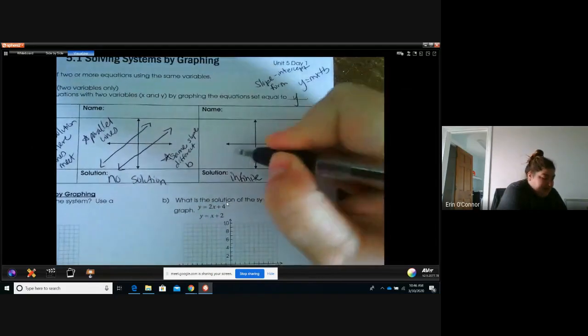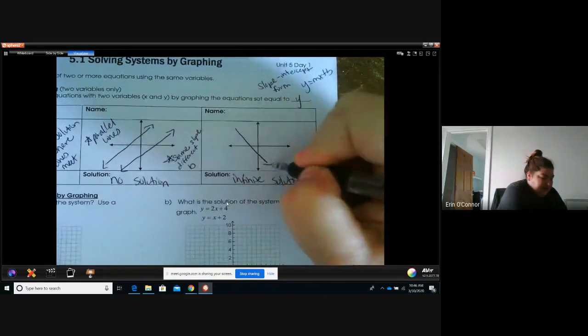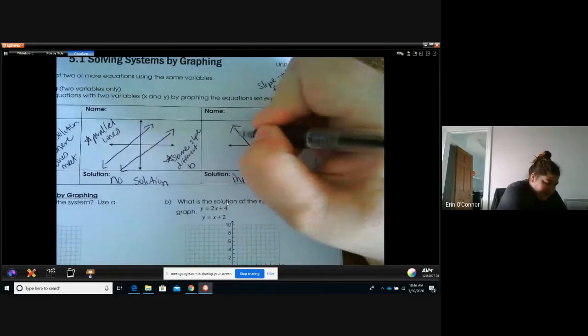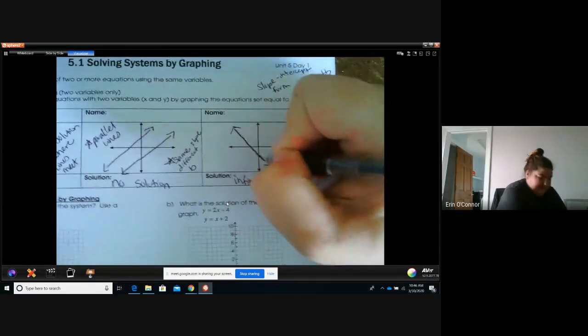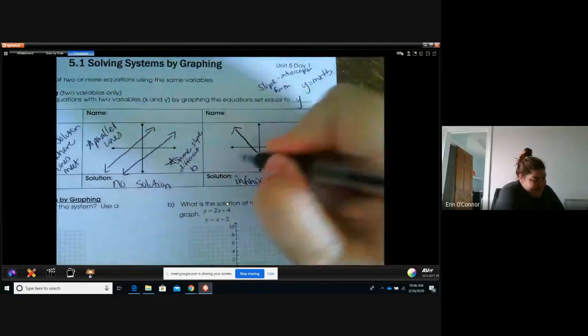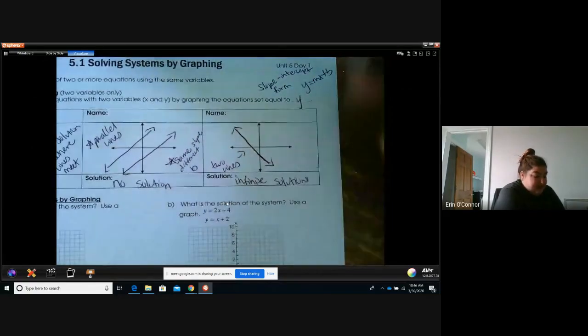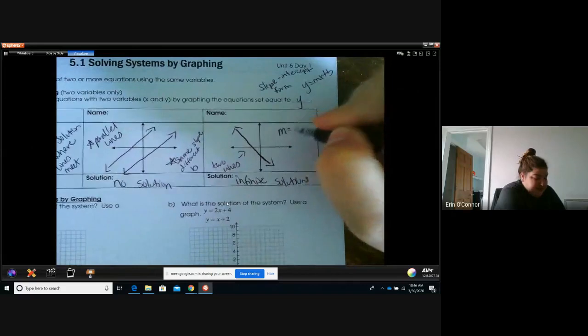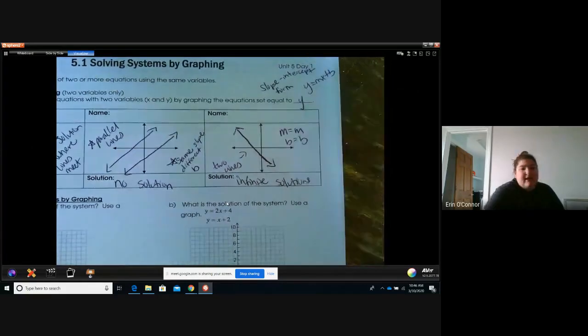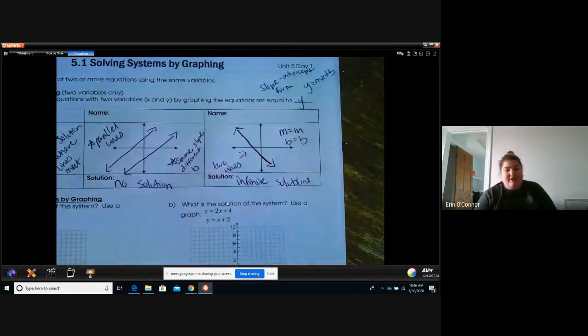And that's when the lines land right on top of each other. This is two lines. They're right on top of each other. And that's when you get m the same and b is the same. So both the slope and y-intercept are the same in each equation. That's when you have infinite solutions.